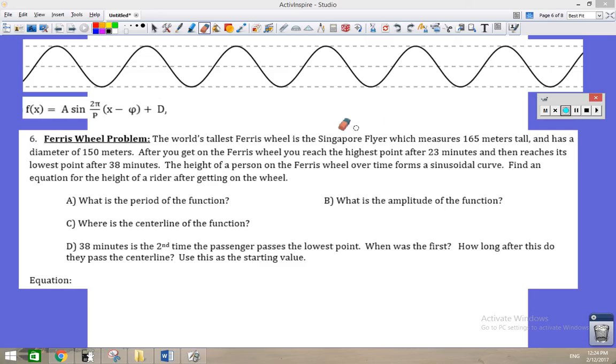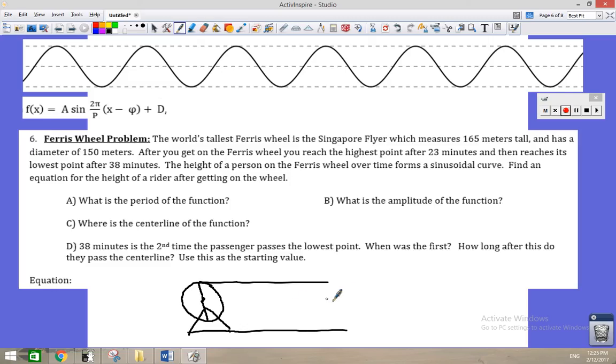Okay, so we've got some Ferris wheel, and as far as above the ground, the maximum height is 165 meters.